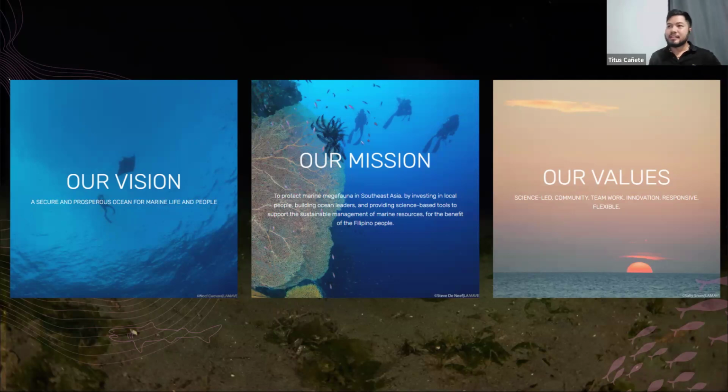People will be able to access data, which will then support the effective management of these ecosystems. And everything that we do, we want to be science-led. We believe in teamwork and innovation and being responsive, but because of the changing times and the very high unpredictability of times right now, we also want to be flexible in the things that we do.